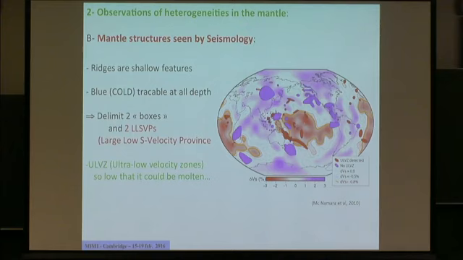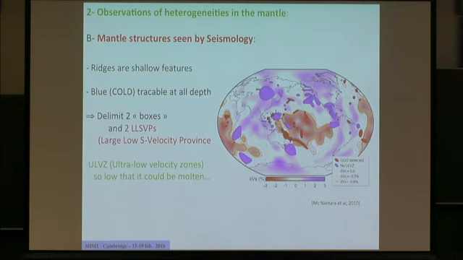Oh yes, I forgot to mention that if you look at what you can infer for the composition of the large low velocity provinces, there's some evidence that the material needs to be compositionally a bit different in order to explain, for example, the ratio of the P wave over the S wave velocity anomalies.